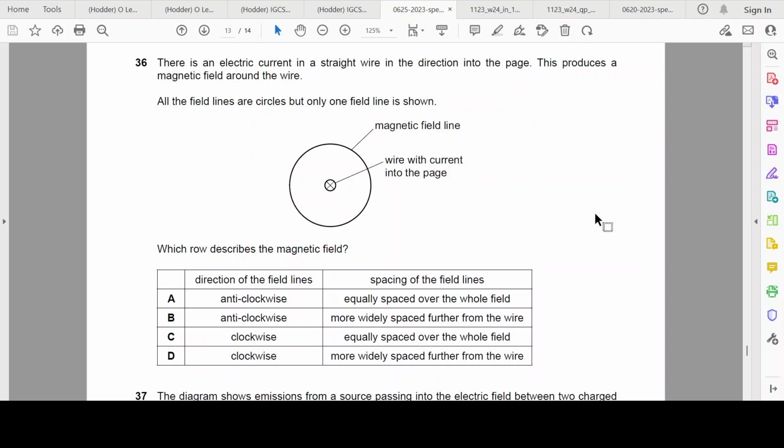All the field lines are circles, but only one field line is shown. Which row describes the magnetic field?